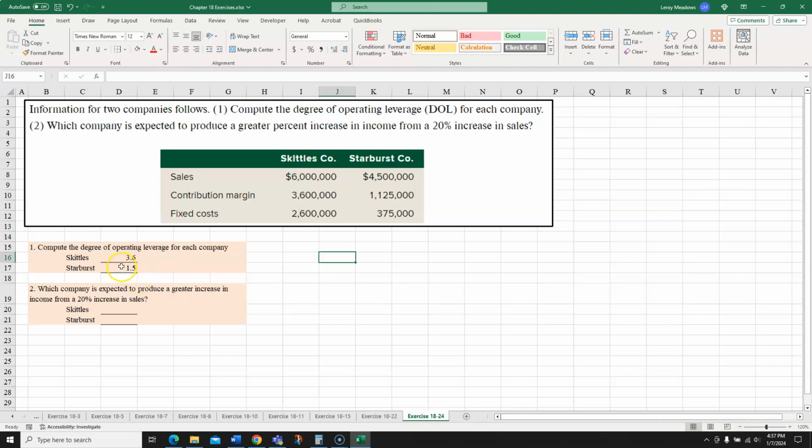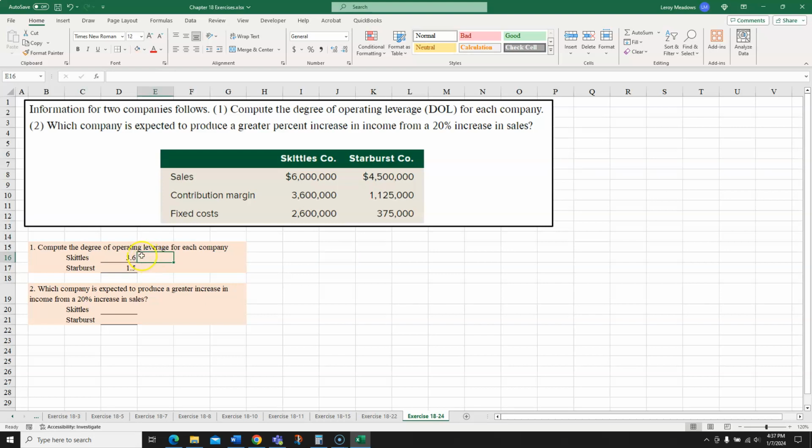So we have a 20% increase in net sales for both Skittles and Starburst. So I would expect that Skittles would have the higher increase.